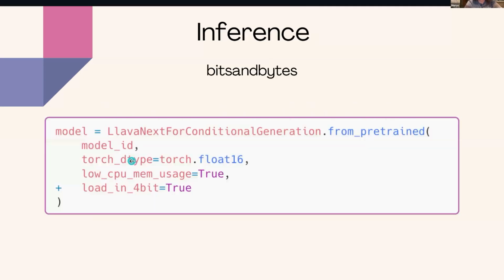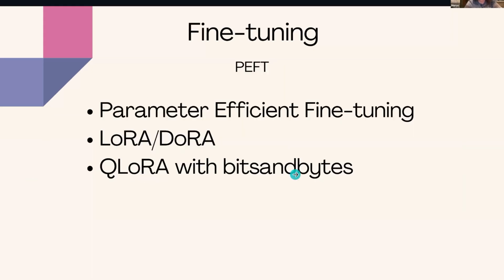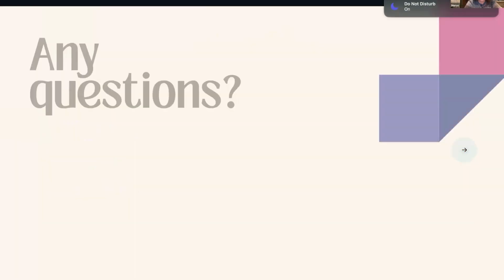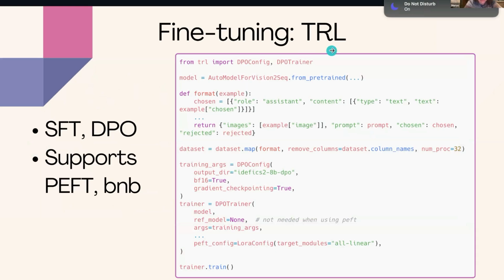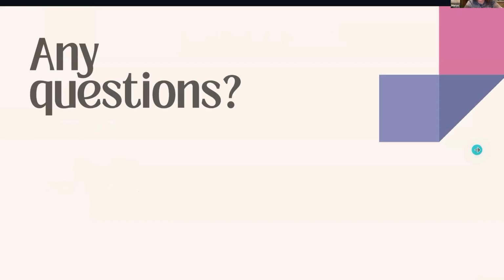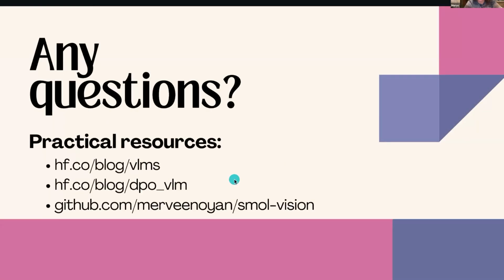You can also do quantized LoRA, where you load the model in a quantized way and then do LoRA fine-tuning. And lastly, there is TRL, which supports reward optimization and alignment techniques for large language models and vision language models, and it supports parameter-efficient fine-tuning and bitsandbytes to do LoRA. If you want to learn more about them, you can go to my repository, and you can also read our blogs about vision language models.